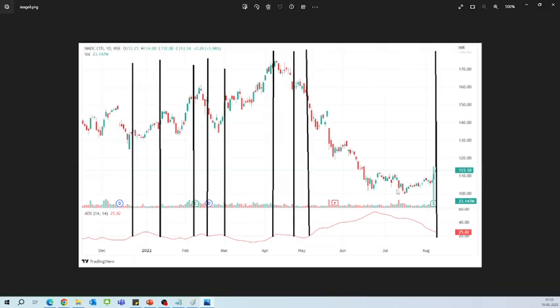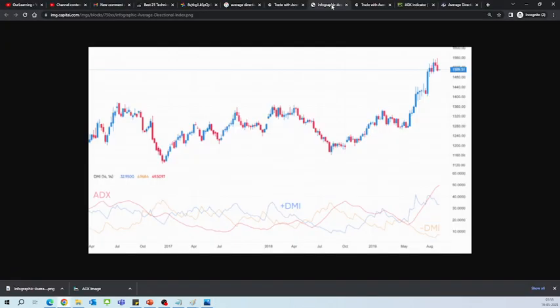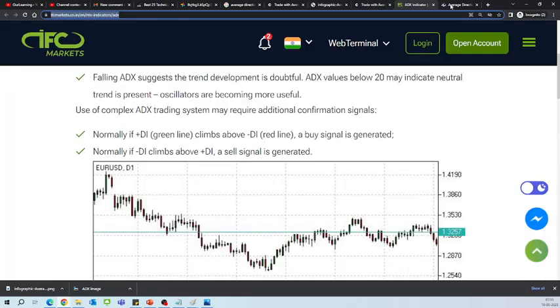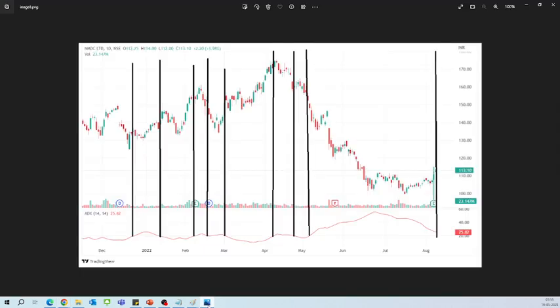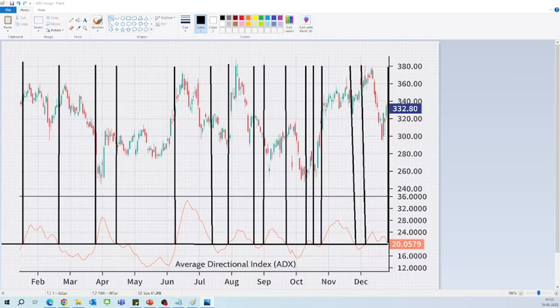The other image example is coming from TradingView, which I took from the site called Investopedia. Let's try to understand how this image plays its role.